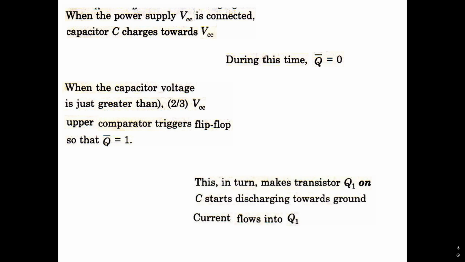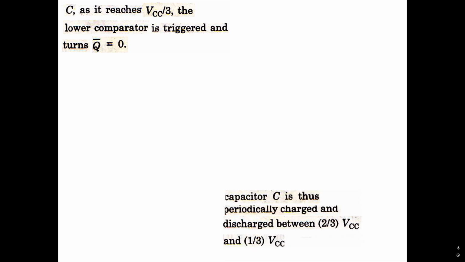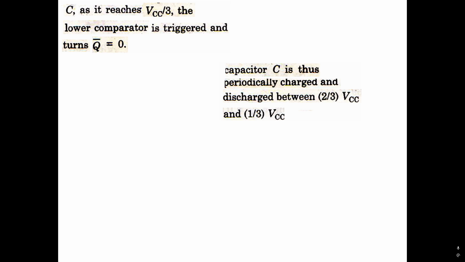This in turn makes transistor Q1 on. C starts discharging towards ground, and current flows into Q1. As it reaches VCC by 3, the lower comparator is triggered and turns Q bar to 0. Capacitor C is thus periodically charged and discharged between 2/3 VCC and 1/3 VCC.